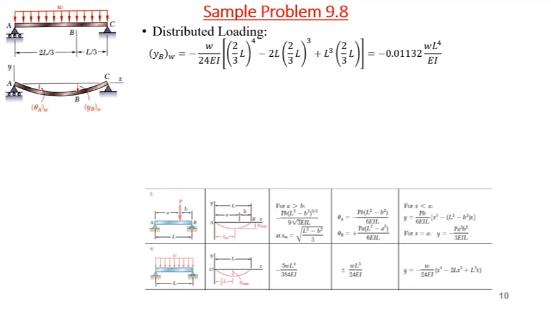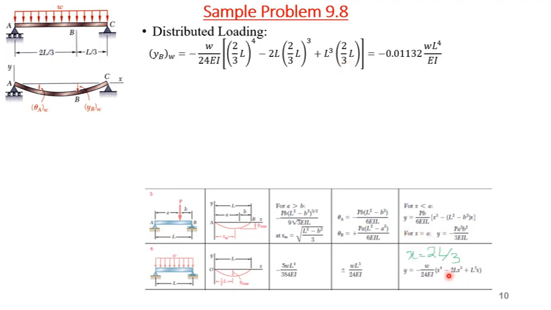Now for the distributed load, deflection at B: this is a simply supported beam with a distributed load. So this is the equation of the elastic curve. We have to put x equal to 2L by 3, the location at which we have the third support, so YBW will be equal to minus W by 24EI times (2/3 L^4 minus 2L times (2/3 L)^3 plus L^3 times 2/3 L).